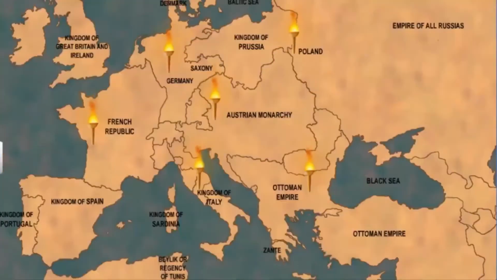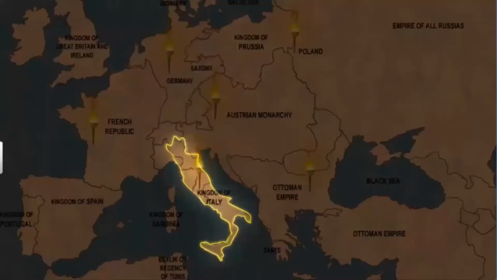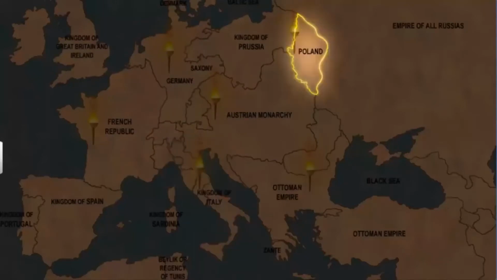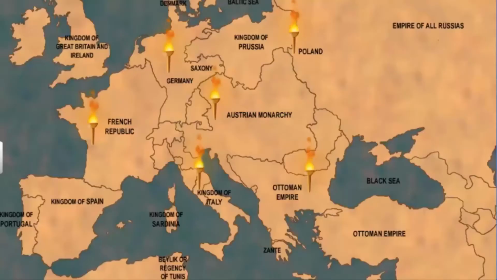Let's understand how the liberal middle class gave shape to the revolutions. Inspired by France, in Germany, Italy, Poland, and the Austro-Hungarian Empire, men and women of the liberal middle class began demanding a constitution and national unification.